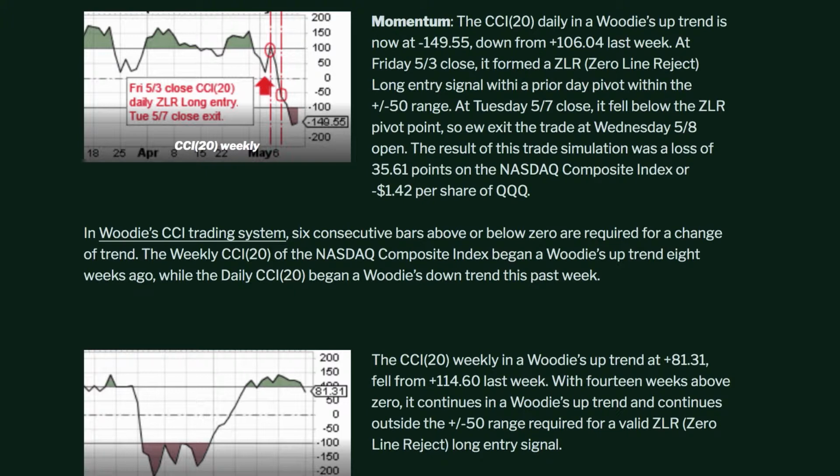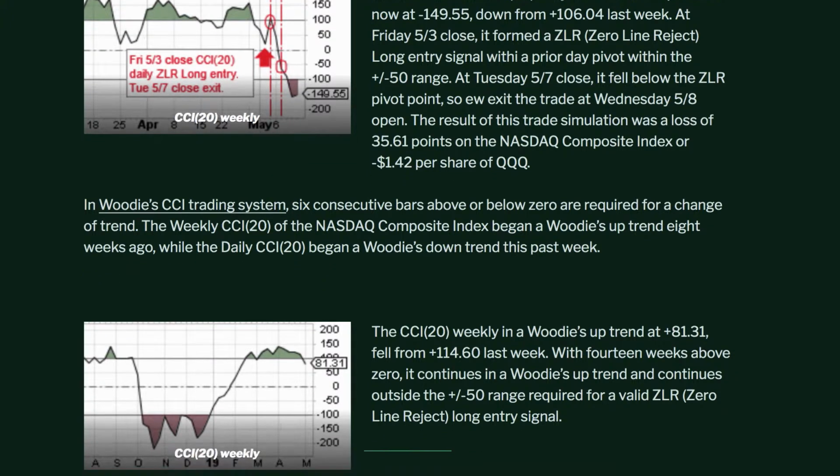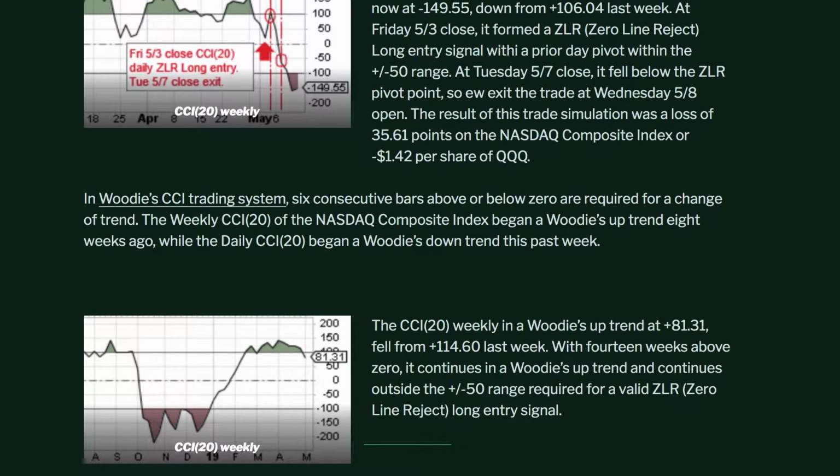In Woody's CCI trading system, 6 consecutive bars above or below 0 are required for a change of trend. The weekly CCI 20 of the Nasdaq Composite Index began a Woody's uptrend 8 weeks ago, while the daily CCI 20 began a Woody's downtrend this past week.